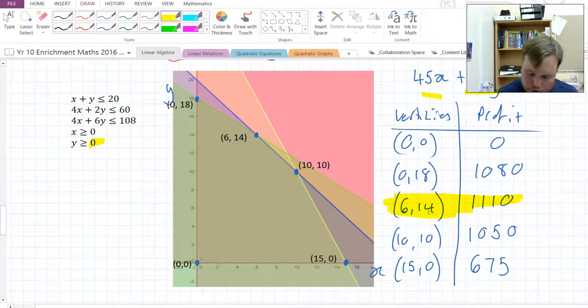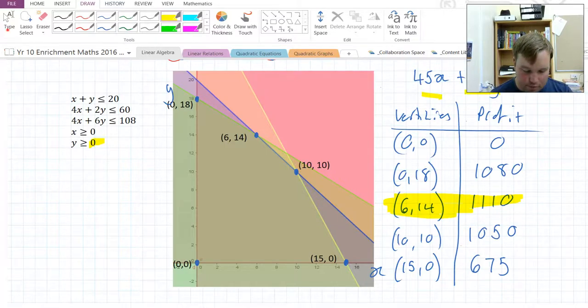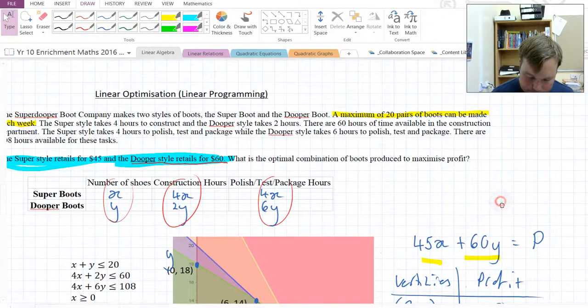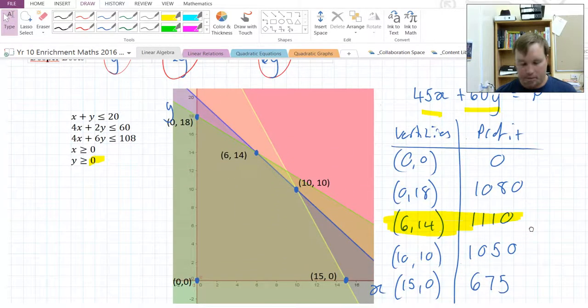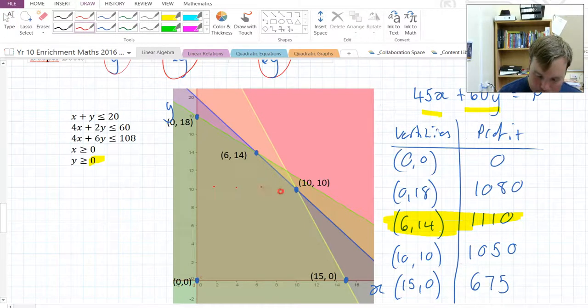If we produce 6 super boots and 14 duper boots, we can do that within our resources, and that is the optimal solution. Essentially, one of the reasons why we don't consider points within this region here is that it would represent wasted resources. Say, take this blue line here.